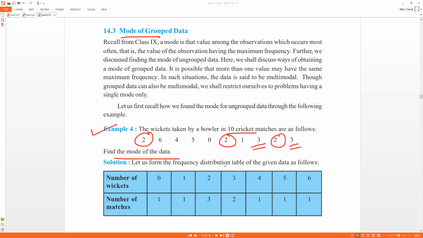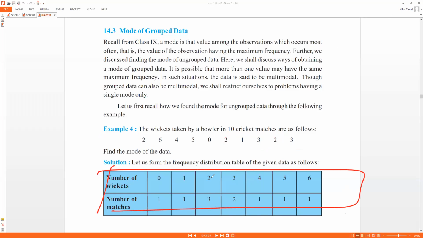So what is the number which occurs the maximum number of times? 2. Correct? So mode is equal to 2. किती वेळा अपियर होतो तो मोड नाहीये, कुठला डेटा पॉइंट जास्त वेळा अपियर होतो तो मोड आहे. येते लक्षात? Yes, sir. Okay, so if you make a table like this, you'll see that 2 appears 3 times, so 2 is the mode, not 3.